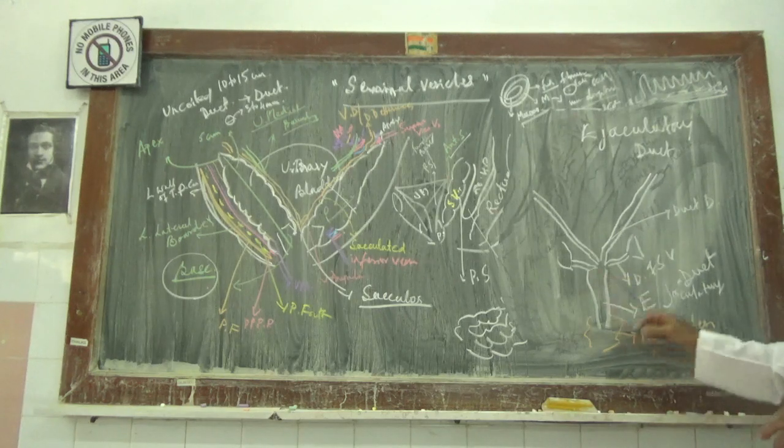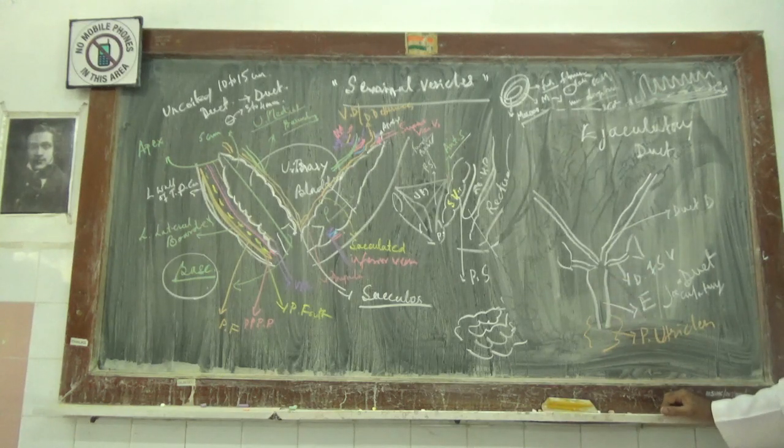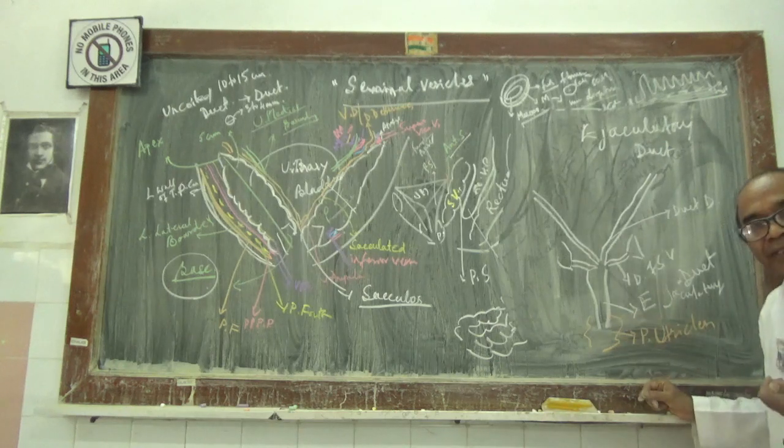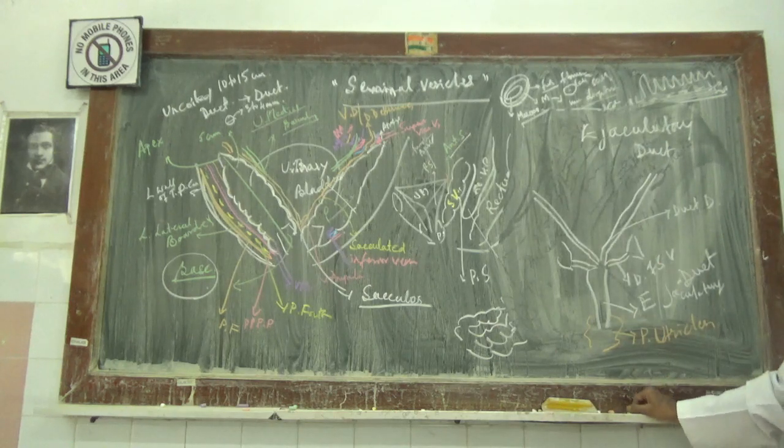Now this ejaculatory duct, as it is a duct, has a serous or a little amount of fibrous layer, and then the muscular layer, which is outer circular and inner longitudinal, and then the mucosal layer.